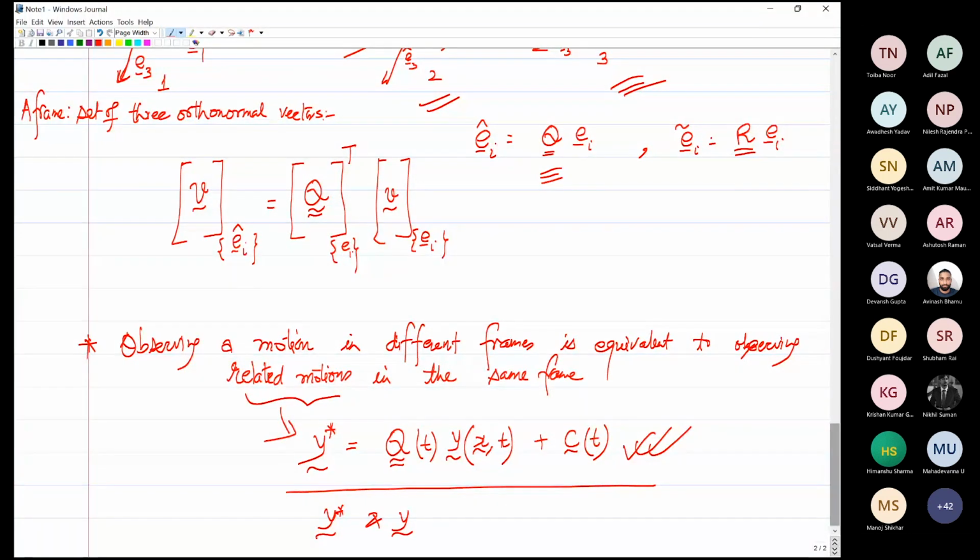Yeah, you can think of c(t) as translation, and Q(t) is rotation. Yeah. So basically, they are related through rigid body motion, related by rigid body motion.